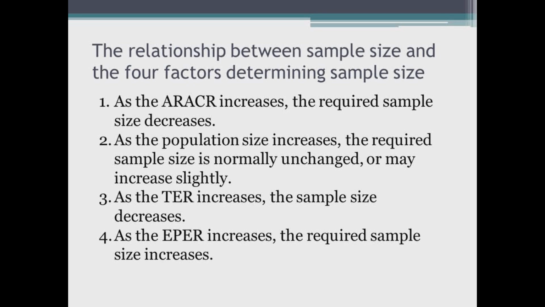So in other words, the population size has little to do with it. You're going to really focus on the auditor's acceptable risk of assessing control risk too low, their tolerable exception rate, and the expected or the estimated population error rate. TER increased, the sample size should increase, right?